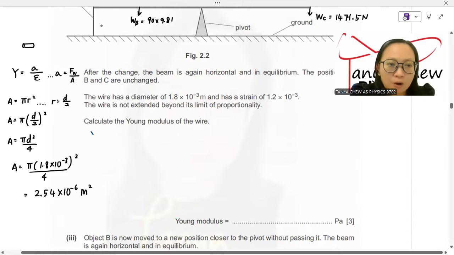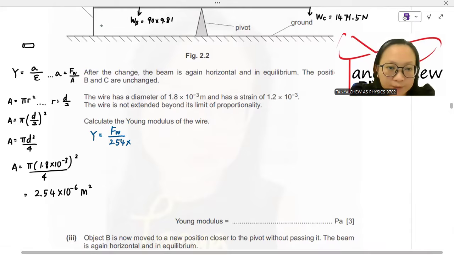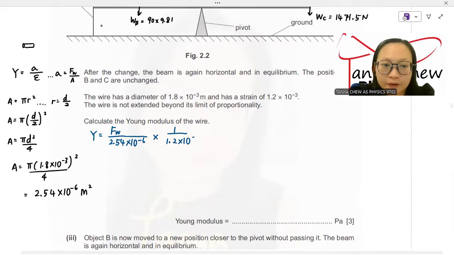I write down Young modulus, Y, is equal to force of the wire divided by area. So area is 2.54 times 10 to the power negative 6, and then divided by strain, so times 1 over strain, which is 1.2 times 10 to the power negative 3.